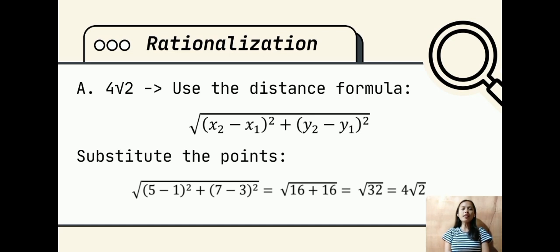Using the distance formula, we have the square root of (x2 - x1) squared plus (y2 - y1) squared. Substitute the points: the square root of (5 - 1) squared plus (7 - 3) squared is equal to the square root of 16 plus 16, which is the square root of 32. And the square root of 32 is equal to 4 square root of 2.